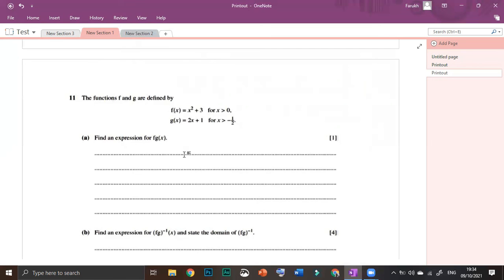The function on the extreme left is f. First of all, we will write down f of x. Replace x with g of x.